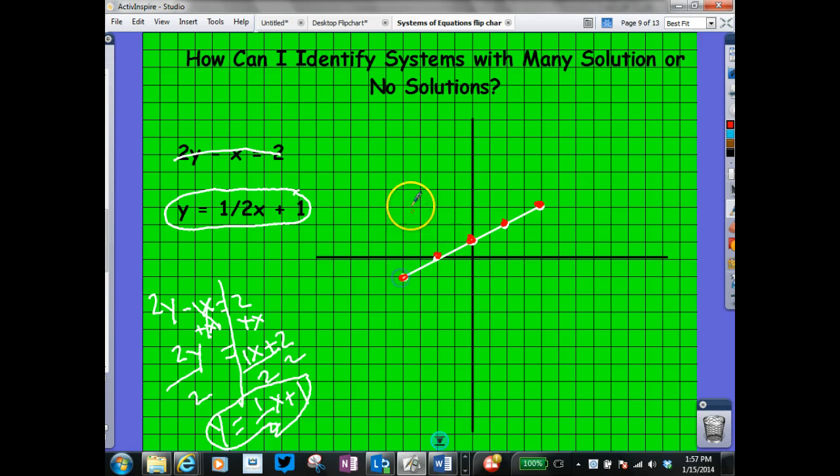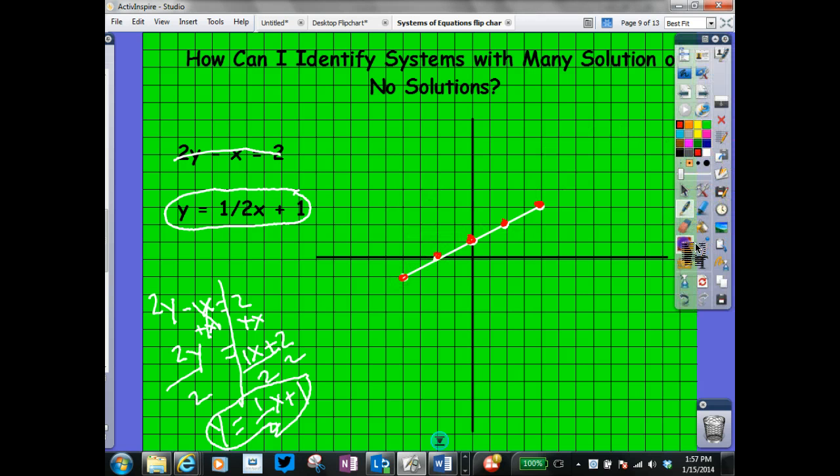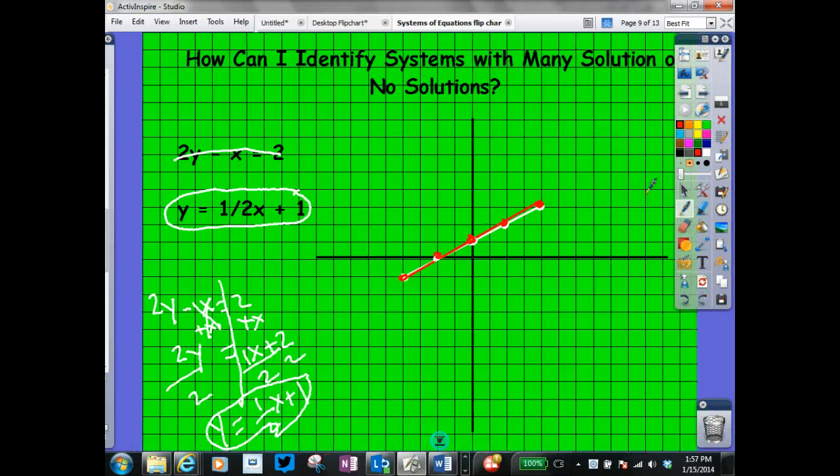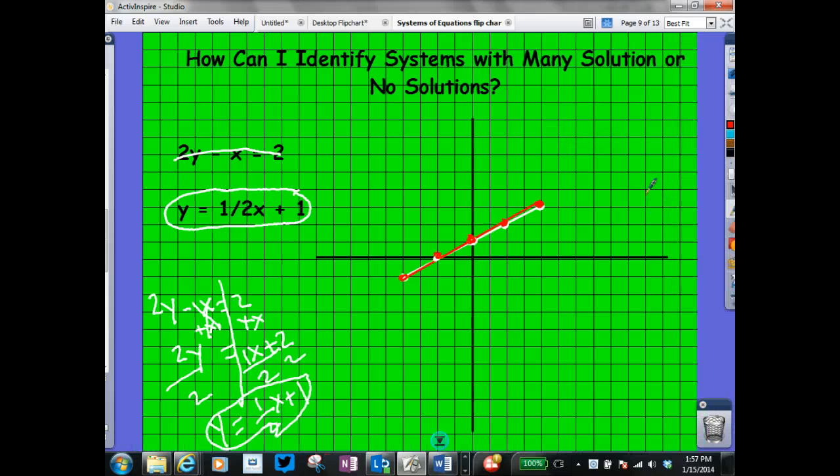So you have two equations, two lines that are the exact same. In this case, you're going to have infinite solutions because every coordinate pair along the line is intersecting with the other. Again, as you work this out, if you come up with parallel lines, there's no solution.